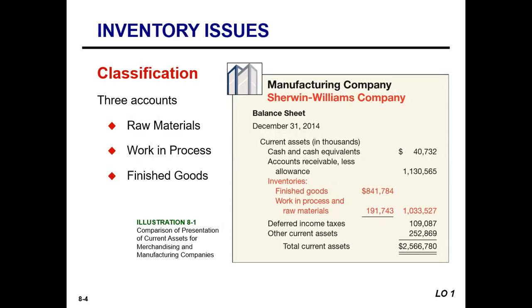Current assets. So you see them here on the balance sheet. In this case, they have work in process and raw materials together in this one. So we could see it that way, or we could see all 3 of them individually, like they're showing us here. So it's really up to the company how they want to present that, but this gives you an example of that.